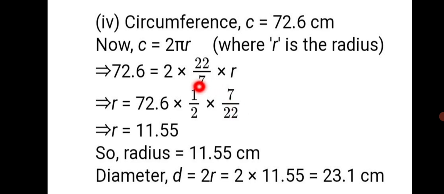The numerator becomes denominator, denominator becomes numerator when shifted to the other side. Calculate this and you will get r equal to 11.55. So radius is 11.55 centimeter. Diameter is double. So 2 into radius is equal to 23.1 centimeter is the diameter. So now you can enter these values of radius and diameter in the table and complete question number 1.